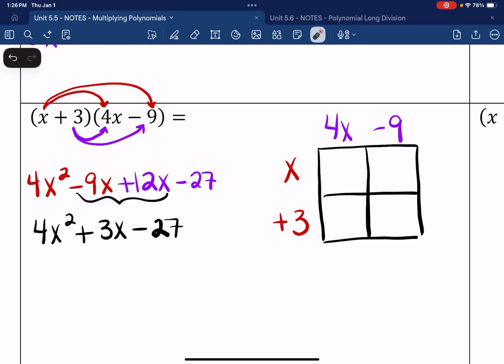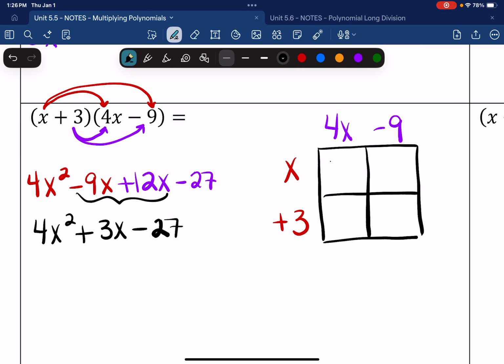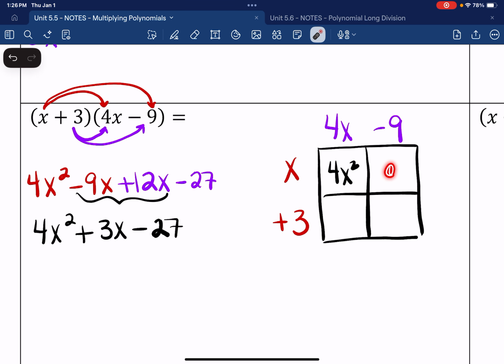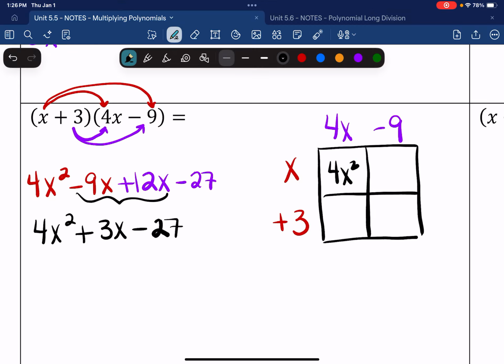And to fill in these boxes, so this first box, I'm going to look up and left. What is 4x times x? That gives us 4x squared. Okay, do the next box. So this box right here, I look up and all the way to the left. What is negative 9 times x? That gives us our negative 9x.